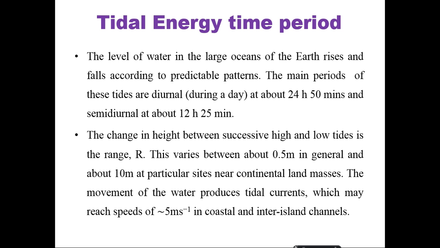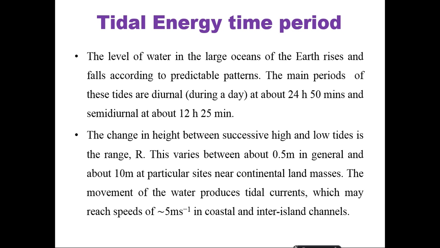So the level of the water in the large oceans of the earth rises and falls according to predictable terms. The main period is diurnal, that is during a day, and we can consider the semi-diurnal, that is a half day.